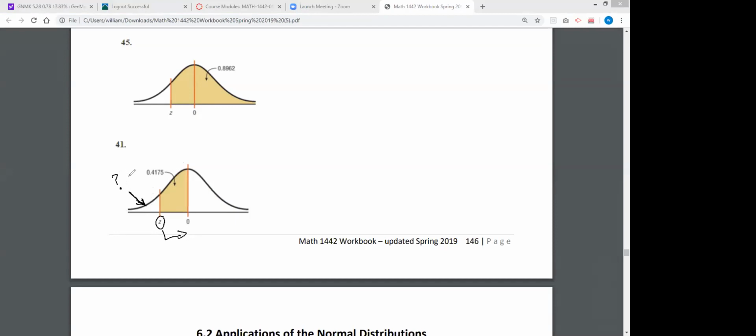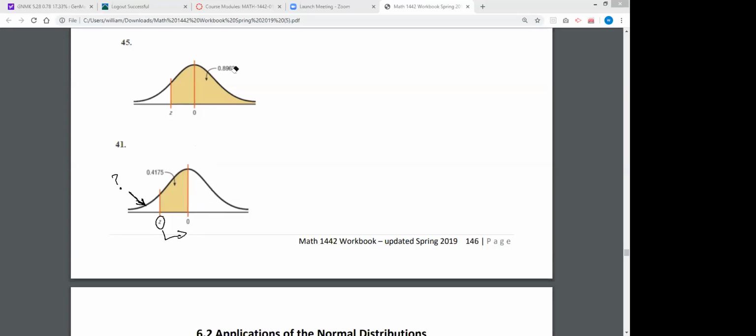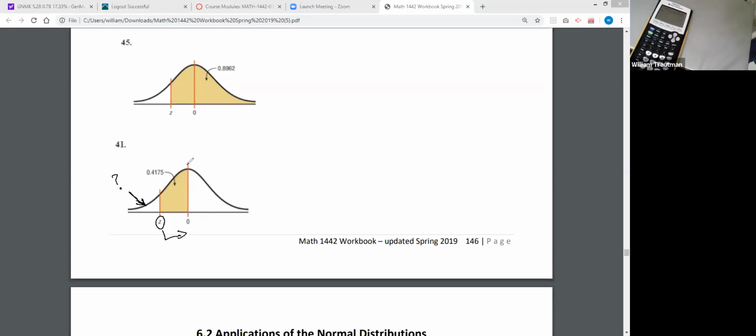1 minus 0.4175. You're close. It's not 1 minus, because the whole thing is not shaded in. It's half of this minus this. So it's 0.5 minus 0.4175.